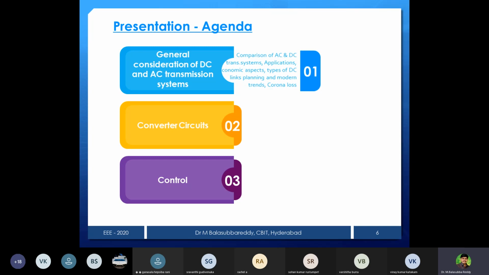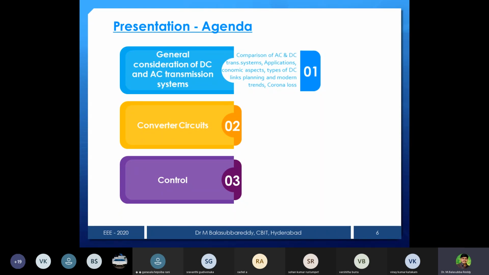So that much saving is there. Instead of using that many conductors as in AC, with DC it is preferably 2, but in some cases only one conductor is sufficient. For the return path, instead of another conductor, you can use the earth or sea water.